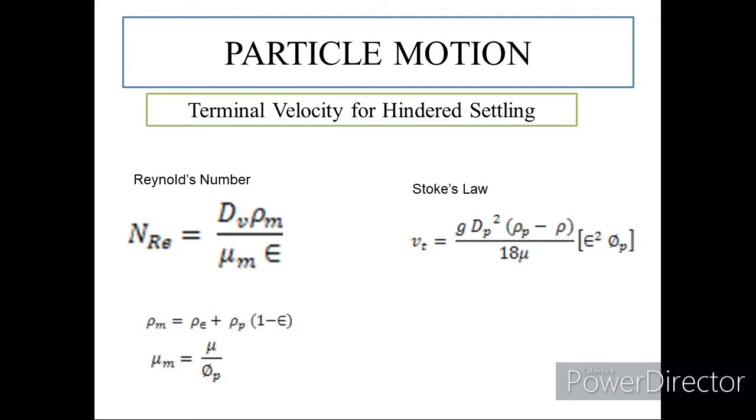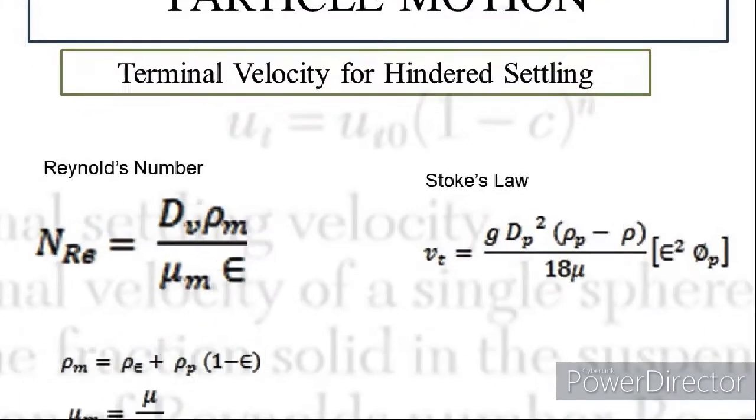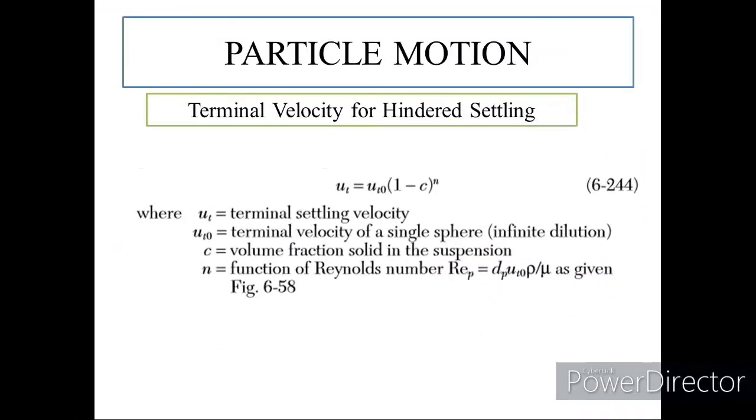Meron naman sa Perry na guide, so kindly read na lang sa Perry kung paano ginagamit yung Archimedes number. Nandun din naman yung mga legend ng formula. So, for getting the terminal velocity of hindered settling, this is the formula, and this is the legend of those symbols.